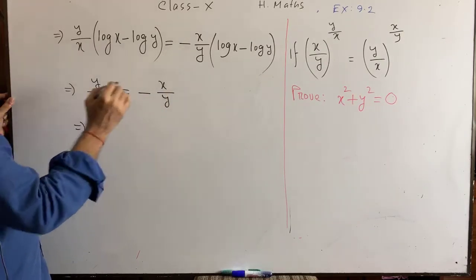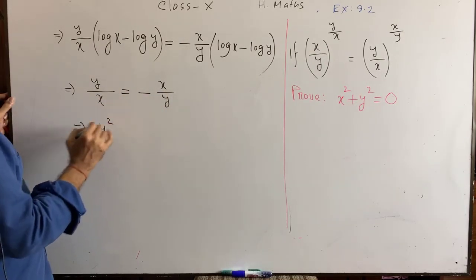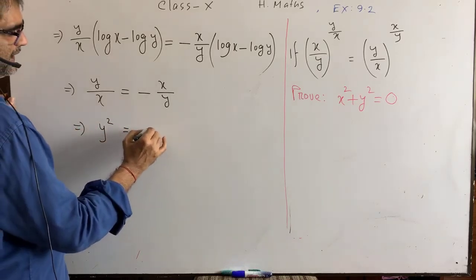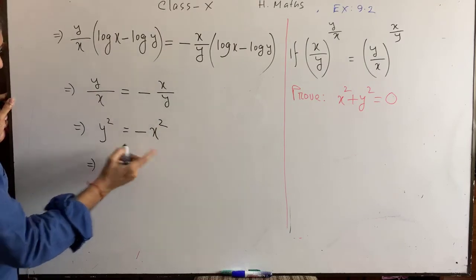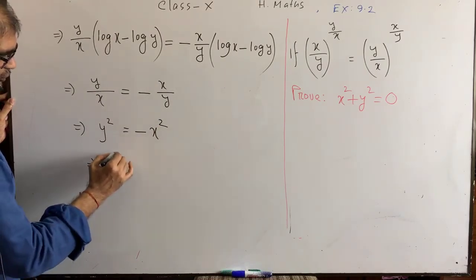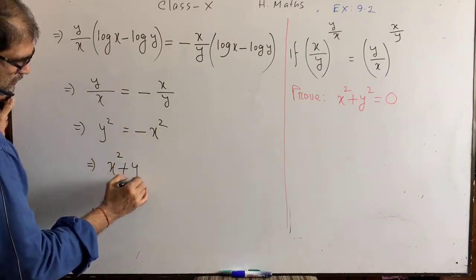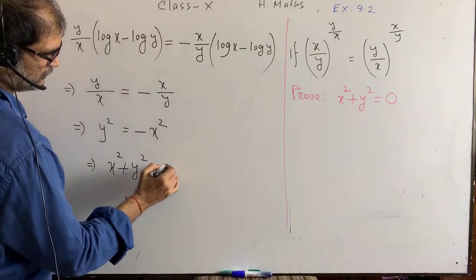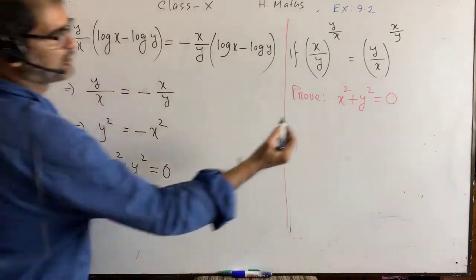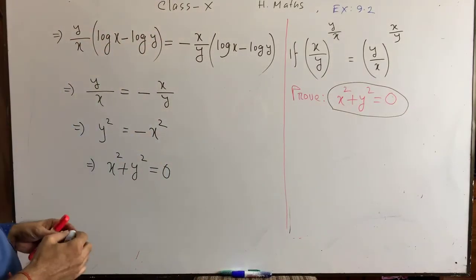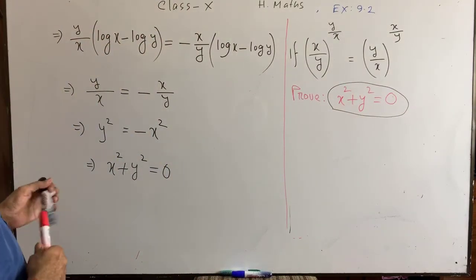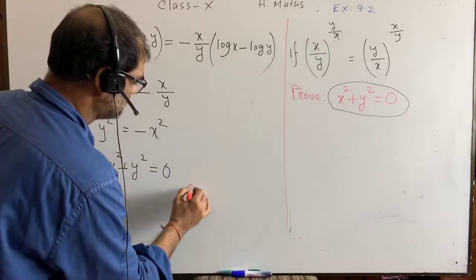Now can you multiply? y square equals minus x square. Now bring both to the left hand side. x square plus y square is equal to 0. Can you remember? I wrote here x square plus y square equals 0. So yes, now we can write down that yes, it is proved.